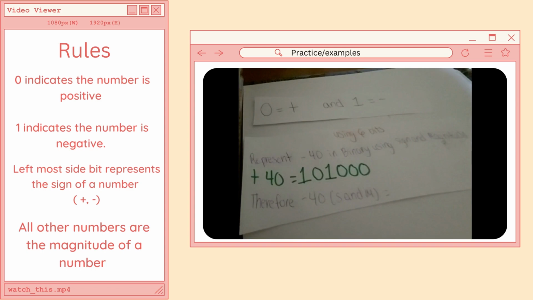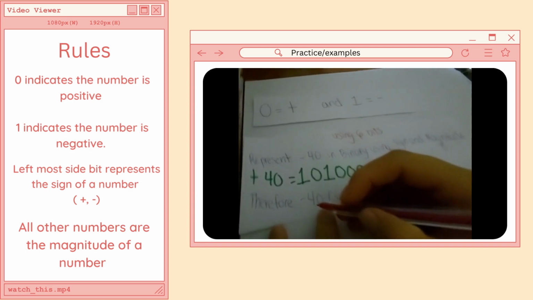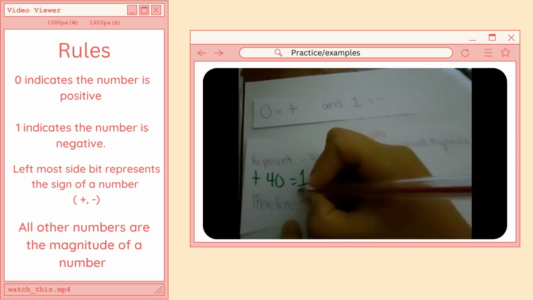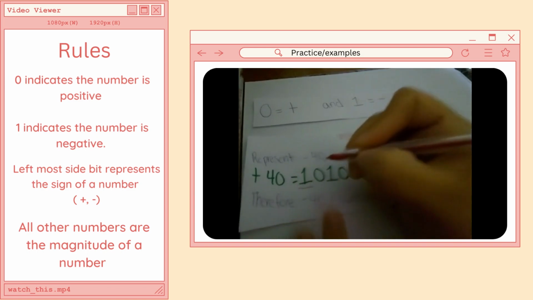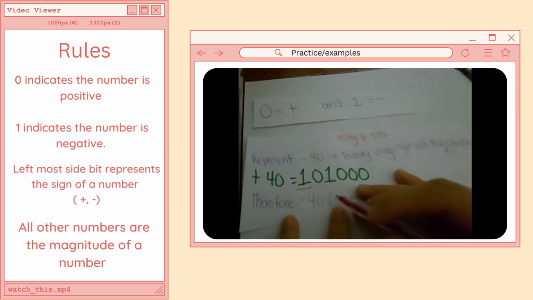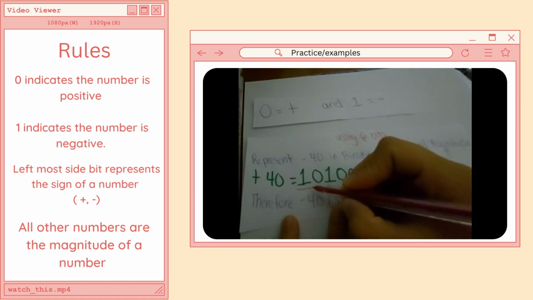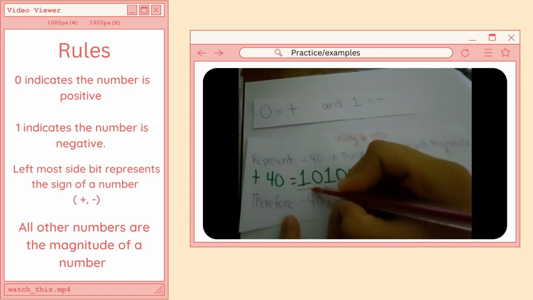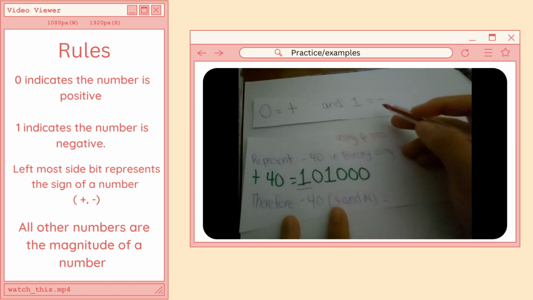We must also remember that the number at the leftmost side is the sign and all the other numbers are the magnitude. So, looking at the sign that we have here, we have a 1, and the 1 is represented by a negative.